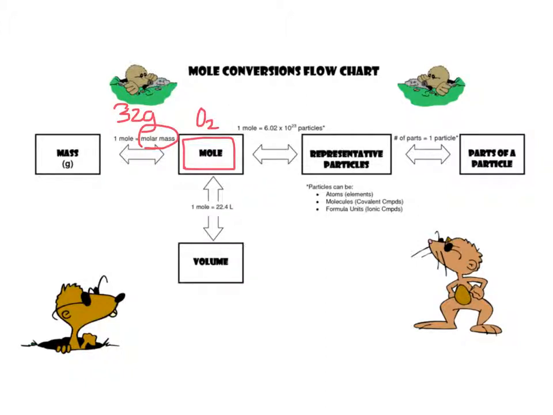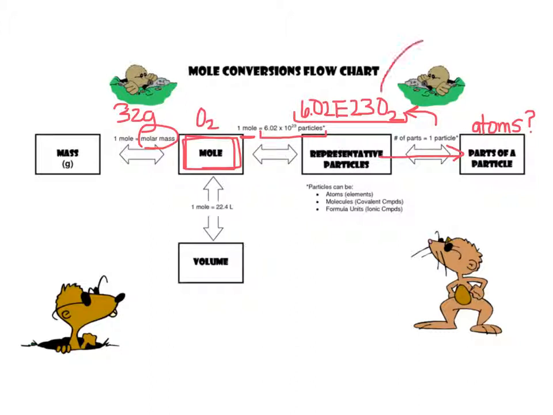On the other hand, if we had a mole of oxygen and we wanted to know how many molecules of oxygen we had, a mole of oxygen would be 6.02 times 10 to the 23rd molecules of oxygen. And in theory, we could take this a step further. What if I wanted to know how many actual atoms that would be?